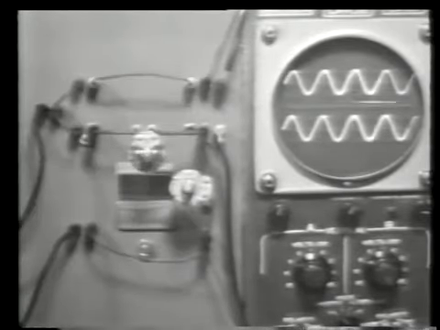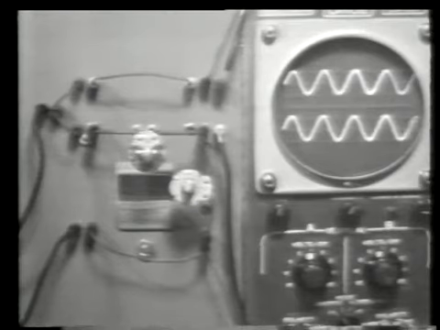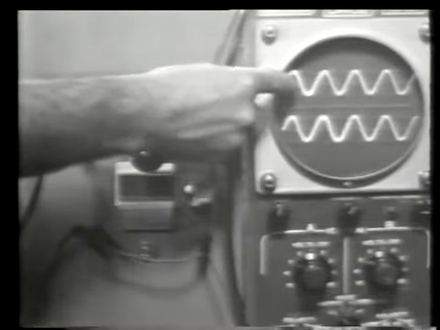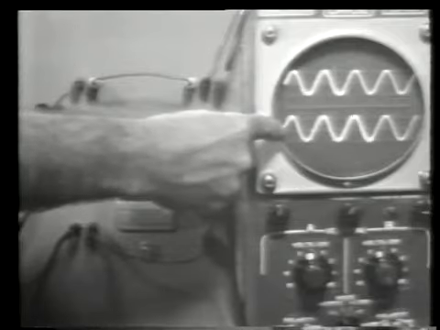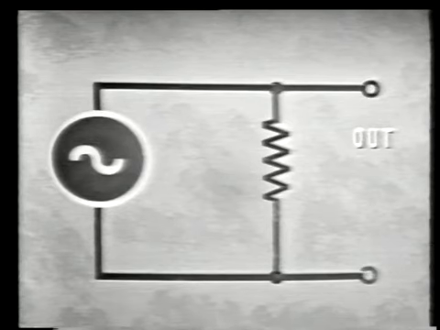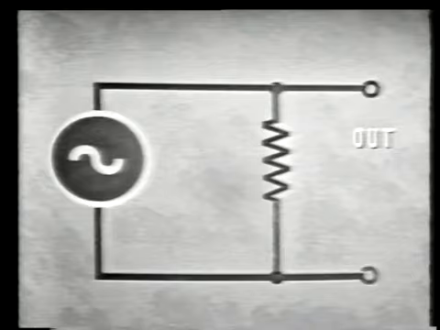You can also hear the fact that we're getting our audio tone clearly through this circuit now. We have 10 volts in our input, 10 volts directly from the signal generator, and we also now have 10 volts in our output. So we can conclude that to have maximum output voltage requires minimum series opposition and maximum shunt opposition.